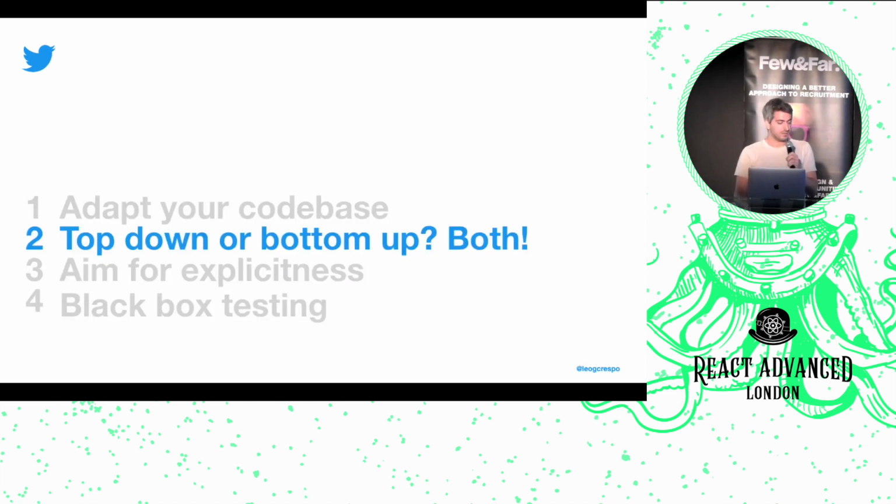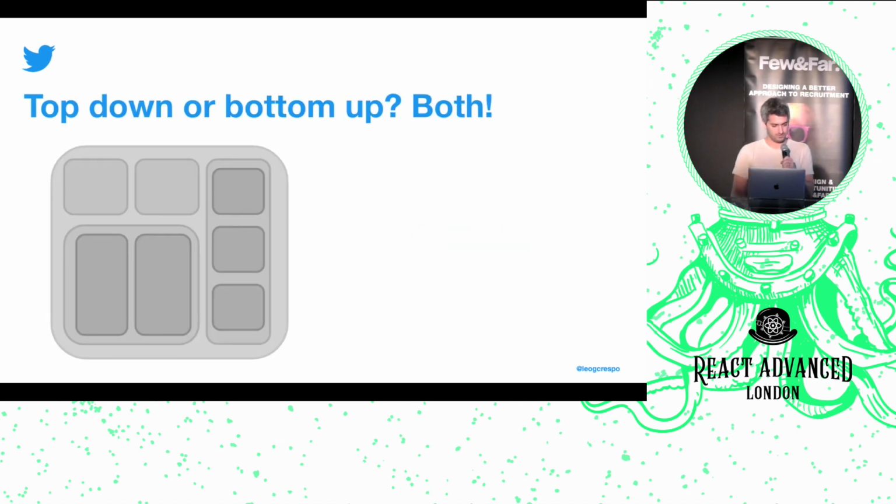The second one: should we be migrating top-down or bottom-up? And the truth is that both are really useful. In most cases, when we have an application built of several components, we end up picking the leaf components, the ones that don't have any dependencies, and we start migrating those to try out React, or to begin any kind of migration at the component level.